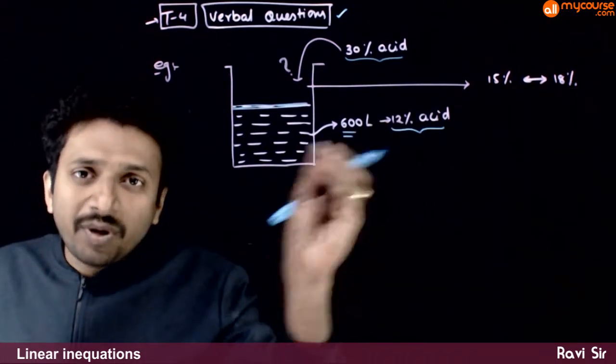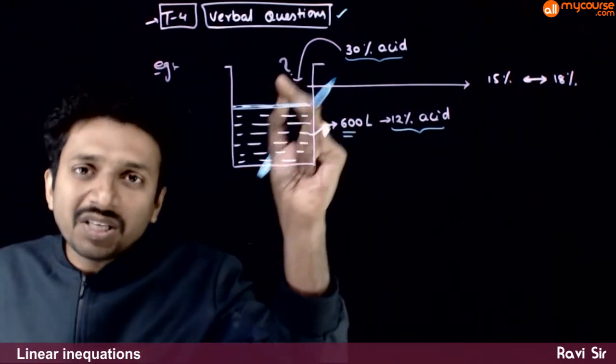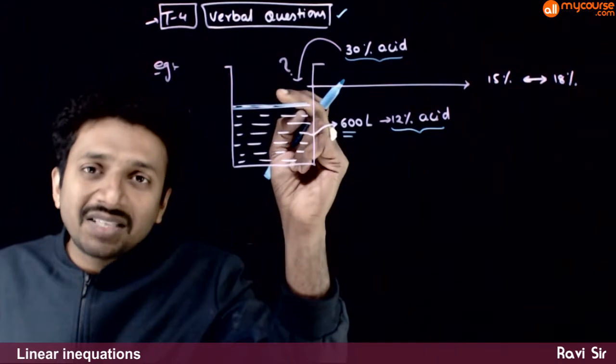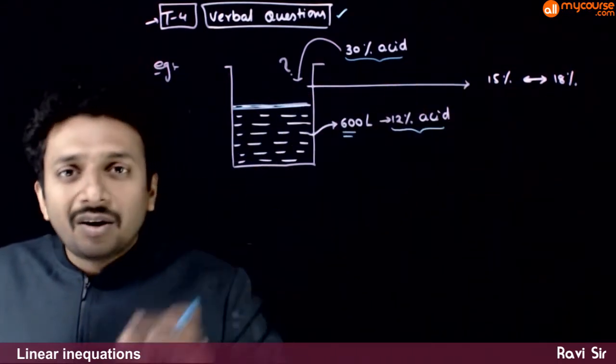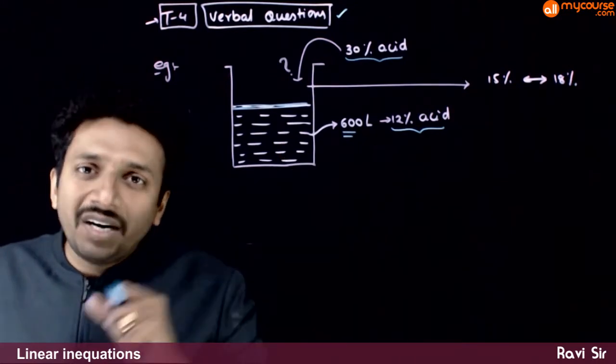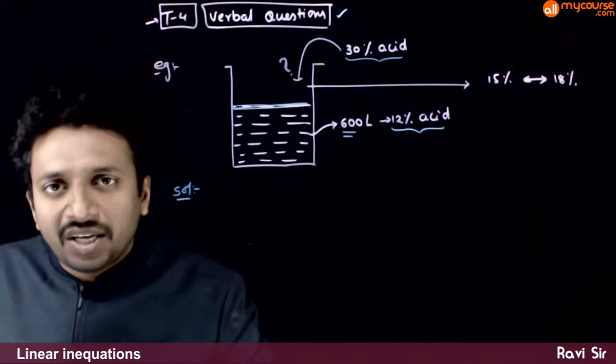So he has a 12% acid solution. He wants to concentrate it. So he is using 30% acid. So how much of this acid has to be mixed so that the resulting mixture has concentration somewhere in between 15 and 18%. This is a very straightforward question again.